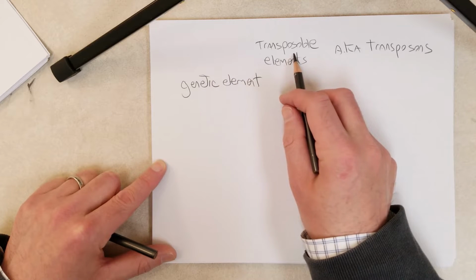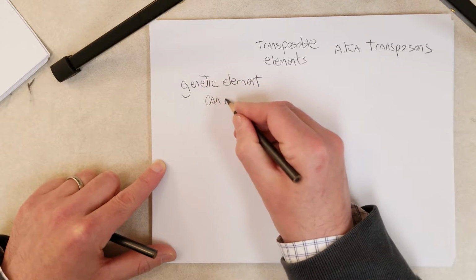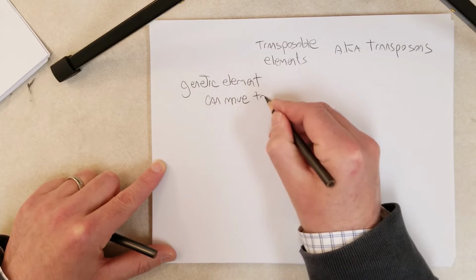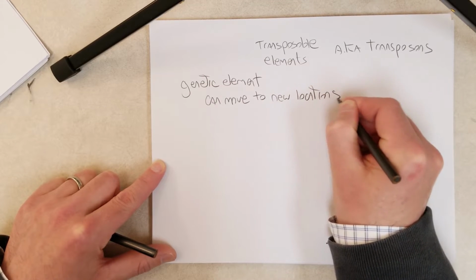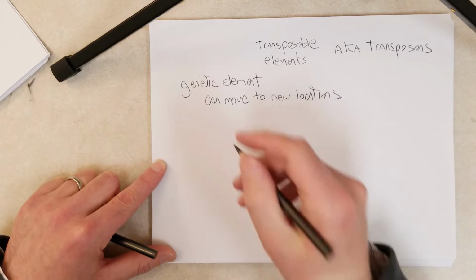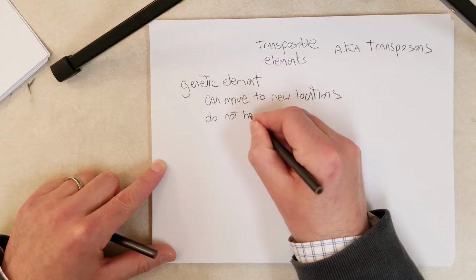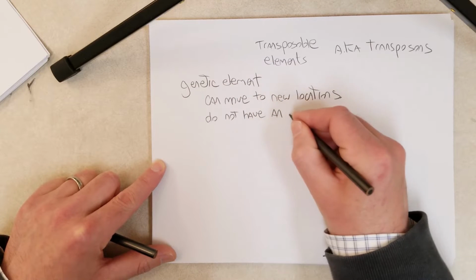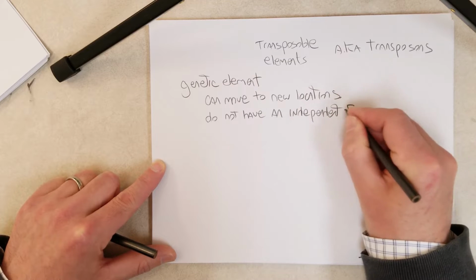Transposable elements are a type of genetic element that can move to new locations in a genome. So if they're found at one location, they can move to another one. They do not have an independent form. What do I mean by that?